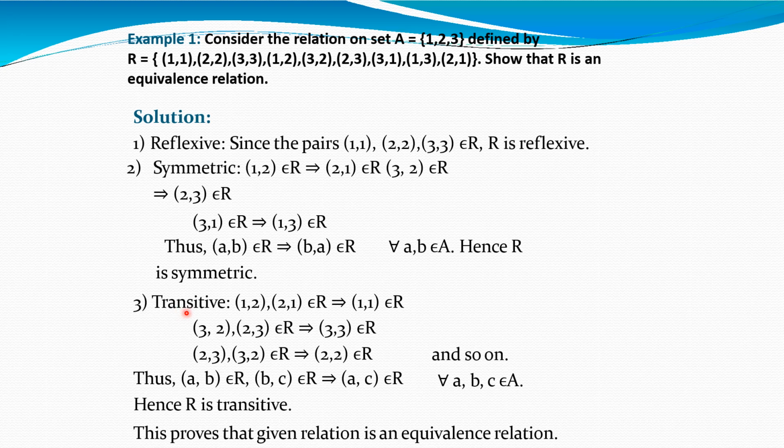See, for (1,2), (2,1) in R, because these pairs are of the type (a, b), (b, c). So just check for (a, c). (a, c) is (1,1) and (1,1) is present in R. Similarly for (3,2), (2,3) in R, (a, c) is (3,3), it is in R. Similarly for (2,3), (3,2) in R, (2,2) is present in R. In the same way for all (a, b) in R and (b, c) in R, (a, c) is also present in R for all a, b, c in A. Hence R is transitive.